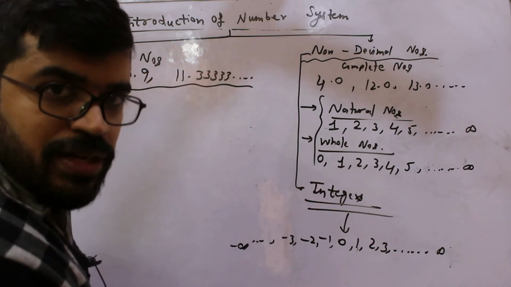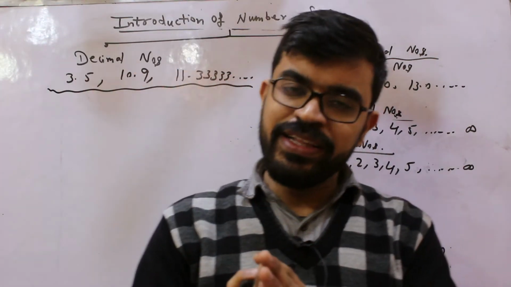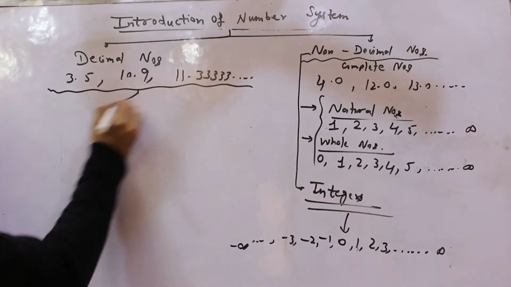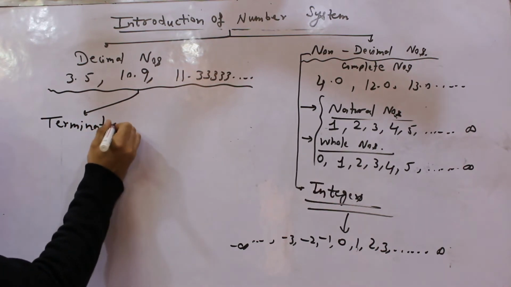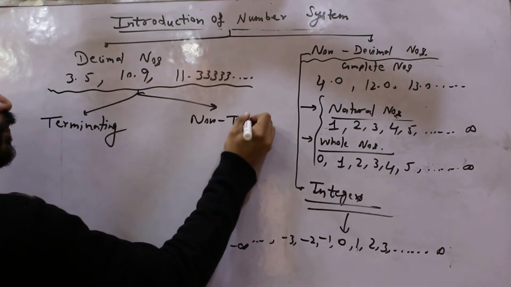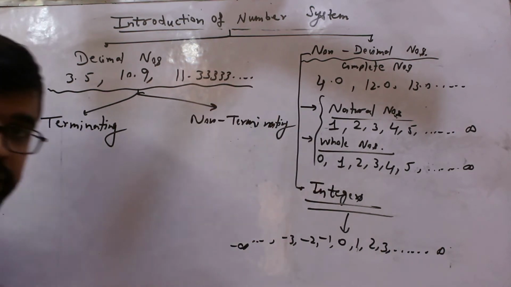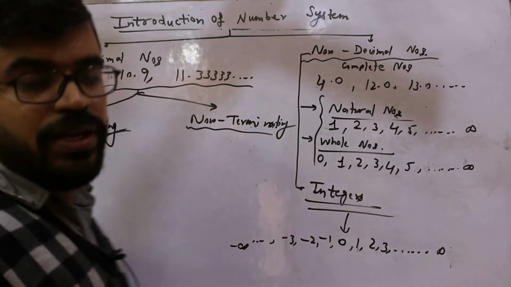Now, what are decimal numbers? For better understanding, we divide the decimal numbers into two parts. First one is terminating decimal numbers, and the next one is non-terminating. First of all, understand the basics of terminating decimal numbers.